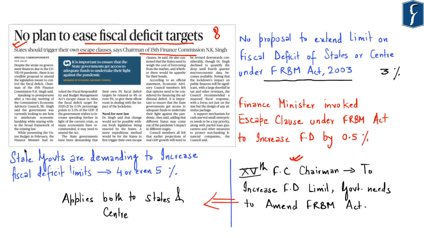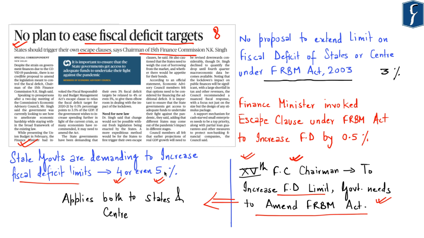So in this backdrop, this news highlights that state governments have demanded to increase their fiscal deficit limits to 4 or even 5%. And on this demand to increase the fiscal deficit limit considering the COVID-19 situation, the chairman of the 15th Finance Commission has highlighted that in order to increase the fiscal deficit limit, the particular state government needs to amend their FRBM Act.